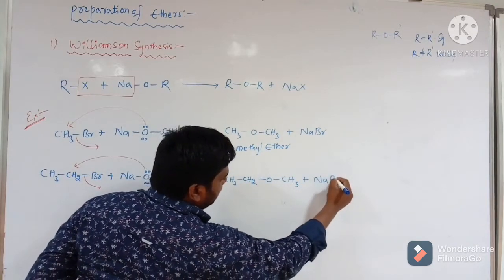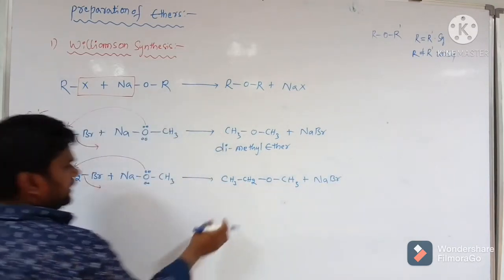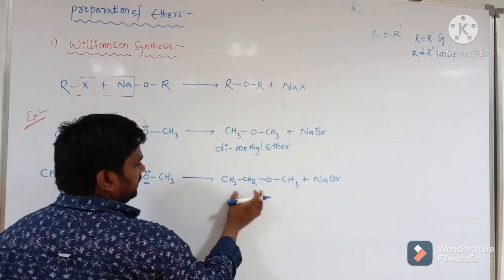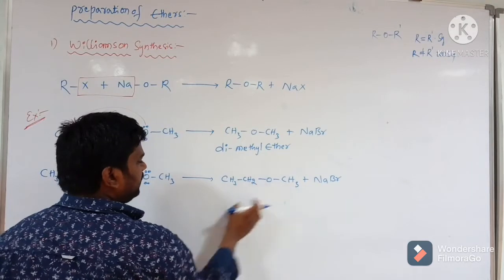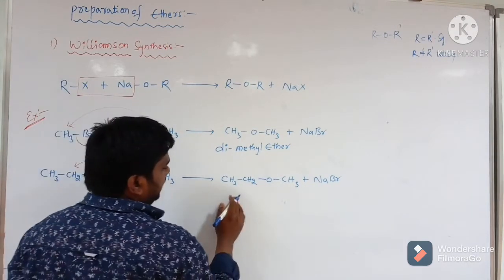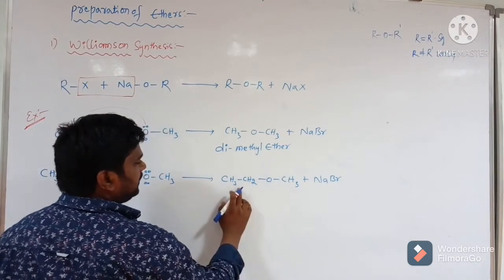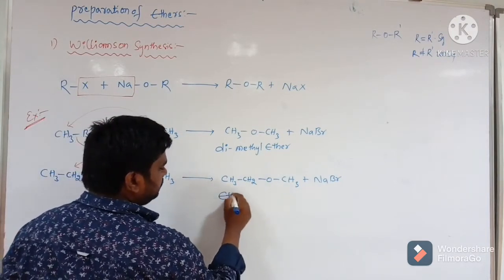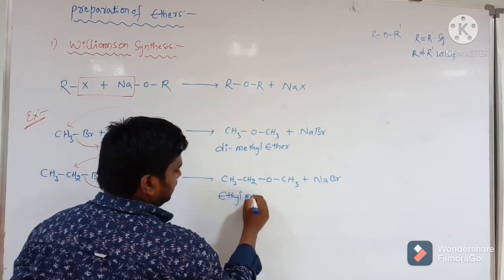So this is an ethyl group, this is a methyl group. Both alkyl groups are different, so it belongs to the unsymmetrical ethers. As per the common name, we call it ethyl methyl ether.